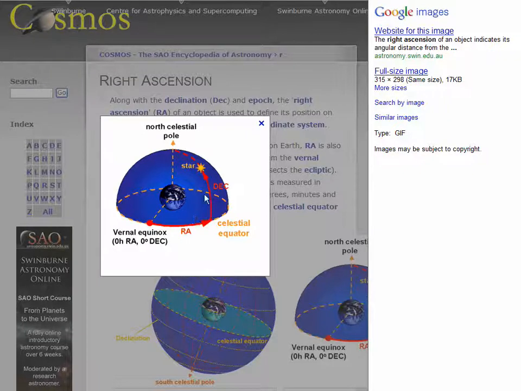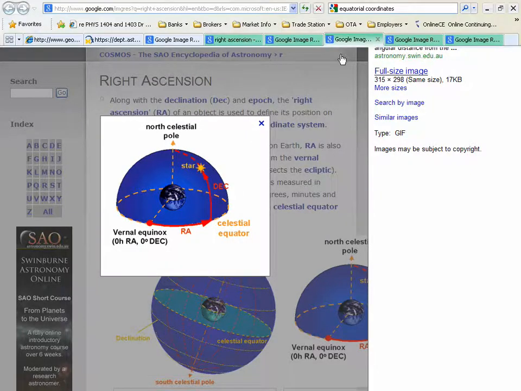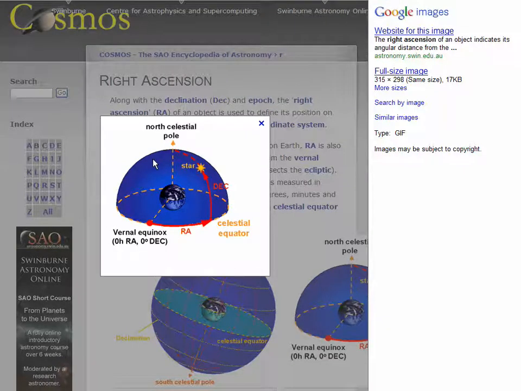And if you go up or down, north or south, then those are marked off by parallels of declination. So a declination goes with a longitude or altitude. A right ascension goes with latitude or azimuth. Now these two coordinate systems are independent of each other.